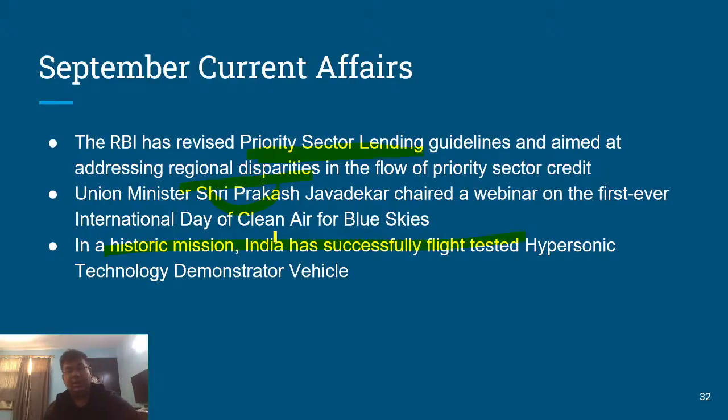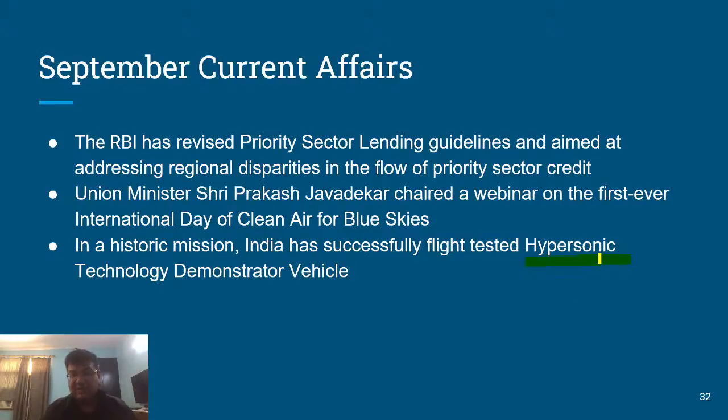Right. India has meanwhile successfully flight tested a hypersonic technology demonstrator vehicle. I would suggest you guys look into Google Images, वो बेस्ट रहेगा. उसमें आपको पता चलेगा ये exactly होता क्या है. Hypersonic, the word sonic means speed of sound.